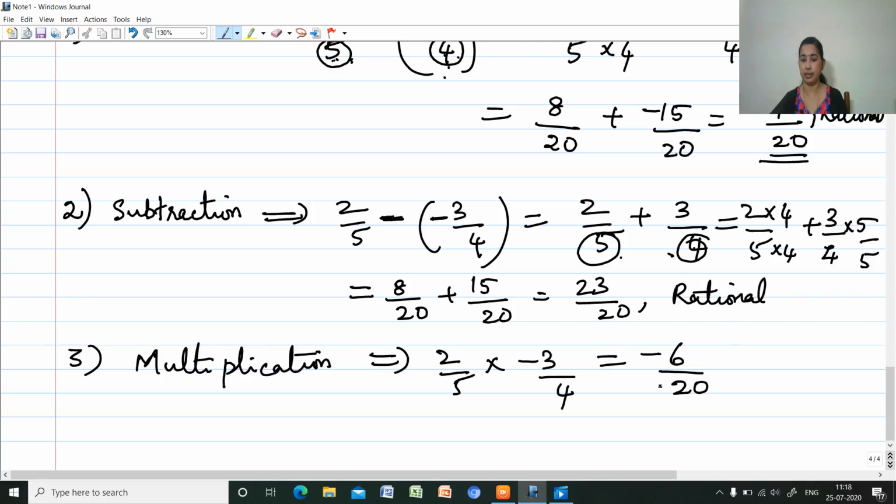Again, we can say that it is a rational number. You can simplify this result: 2 here 3 times, 2 here 10 times. So minus 3 by 10, it is again a rational number. So we can say that rational numbers are closed under multiplication also. So under addition, subtraction and multiplication, rational numbers are closed, because we are getting the answers as rational numbers itself, whether adding two rational numbers, subtracting two rational numbers, or multiplying any two rational numbers.